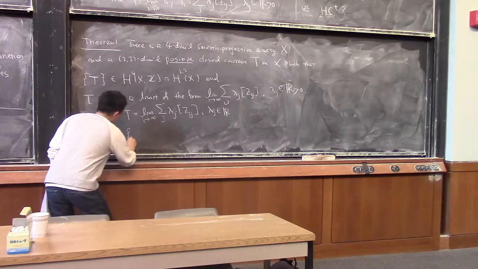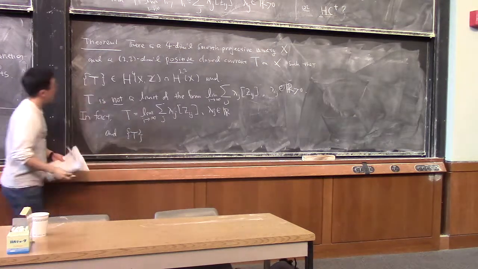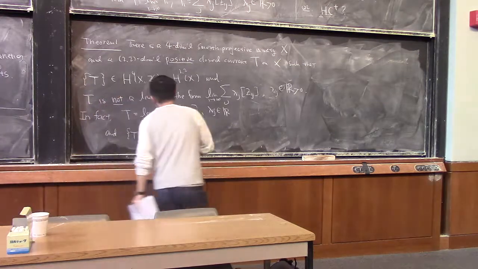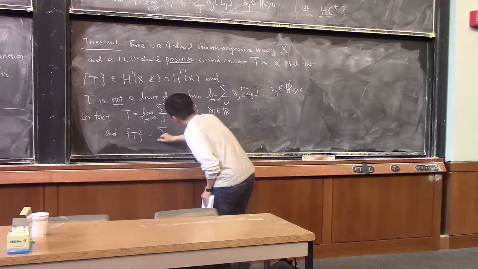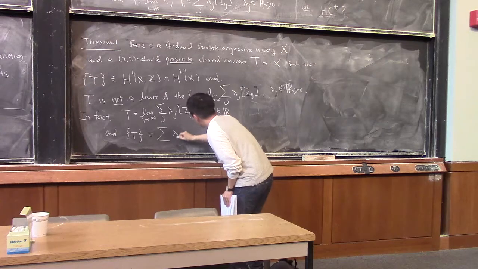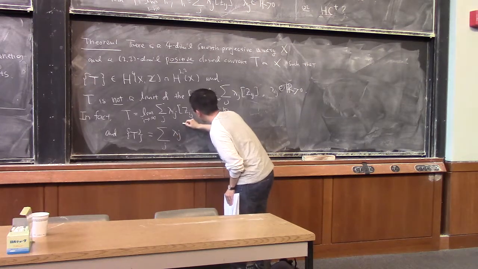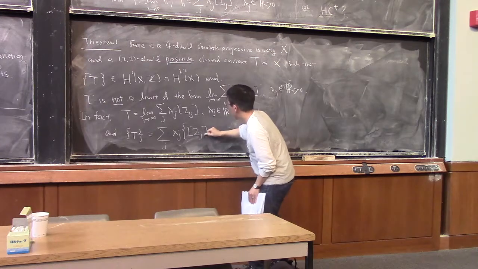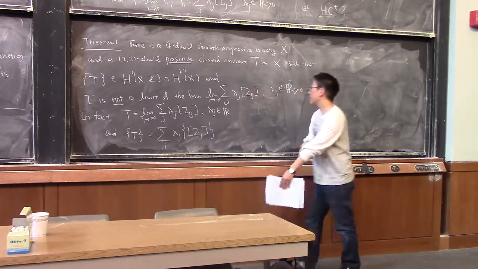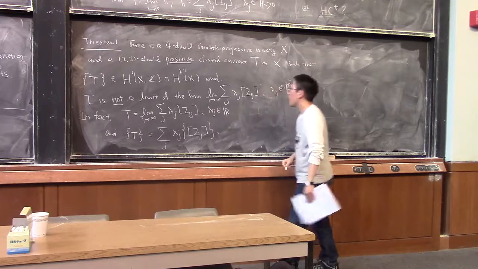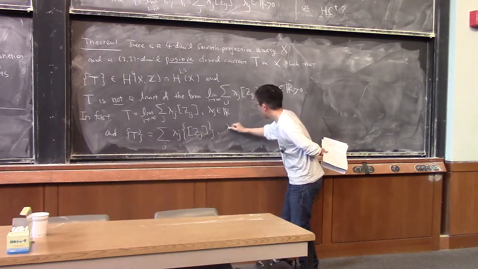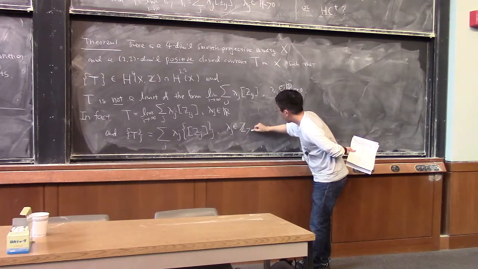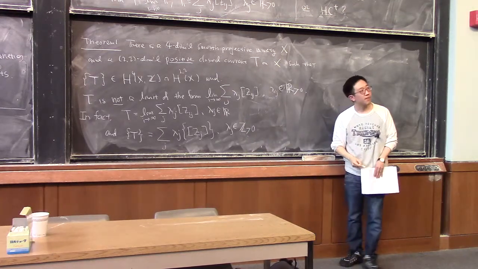And if you take its cohomology class, not just is it integral, but it is a linear combination of cohomology classes of surfaces C_j on X, where lambda_j are positive integers.